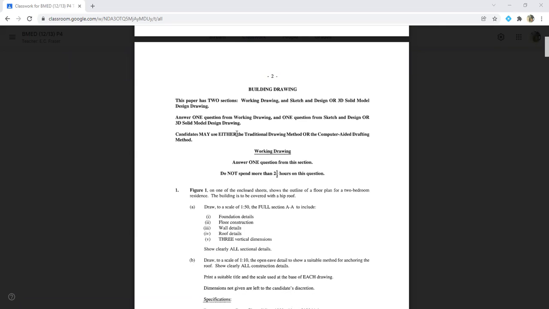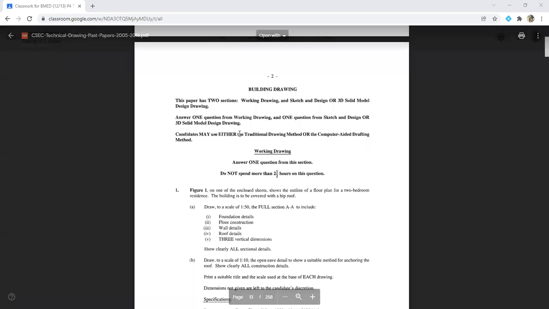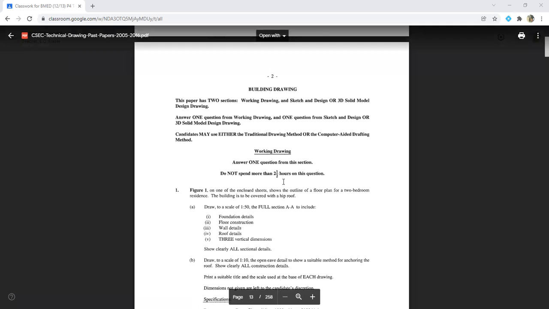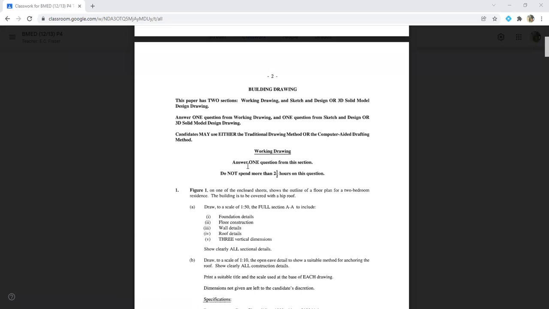Candidates may use either the traditional drawing method or computer aided design. So you have a choice. Then it was mainly traditional. Only a few schools were using AutoCAD then. It's recommended that you do not spend more than 2 hours, 15 minutes on this question.